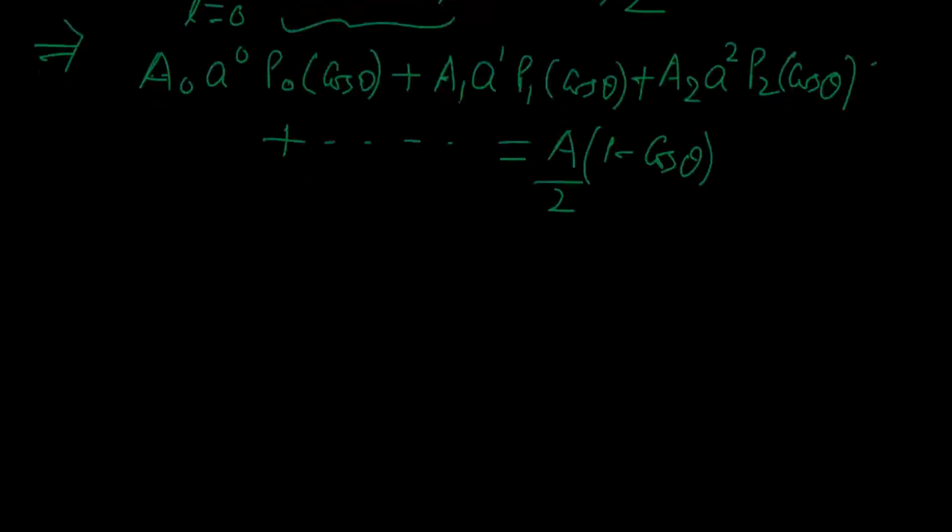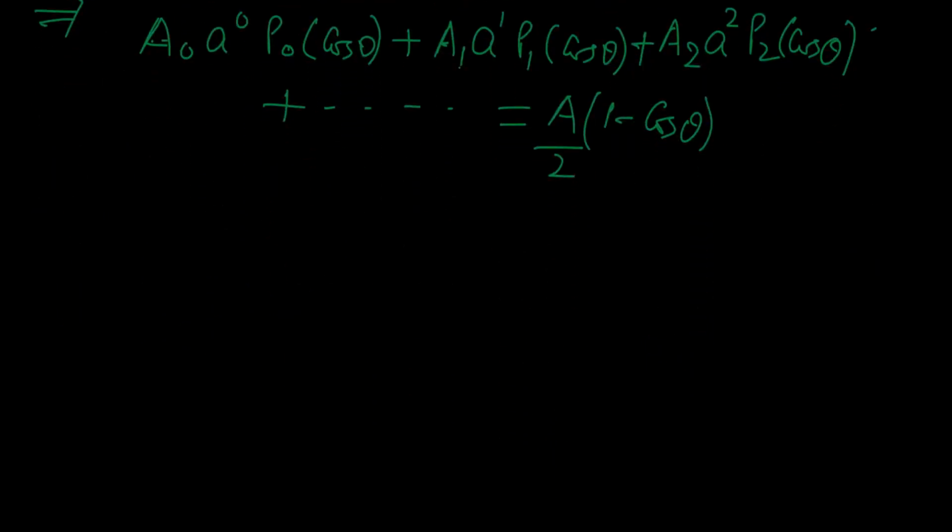Now, this RHS may be written as A by 2 into 1 minus A by 2 into cos theta.